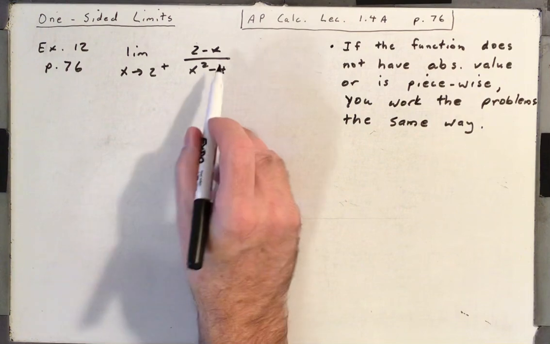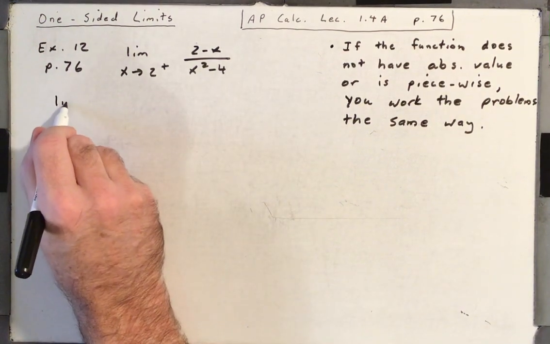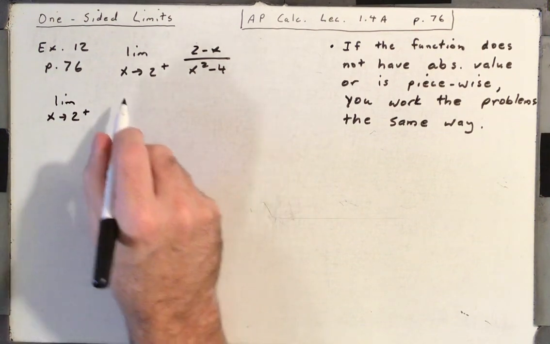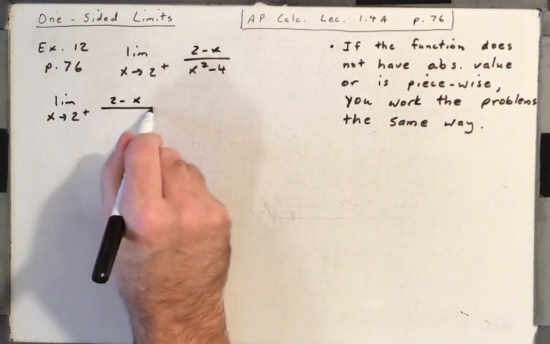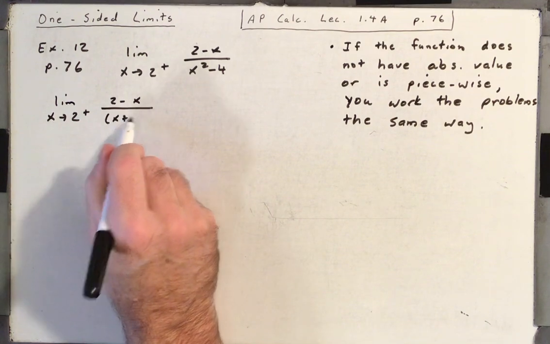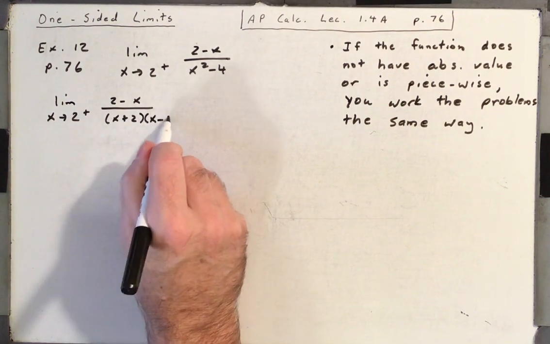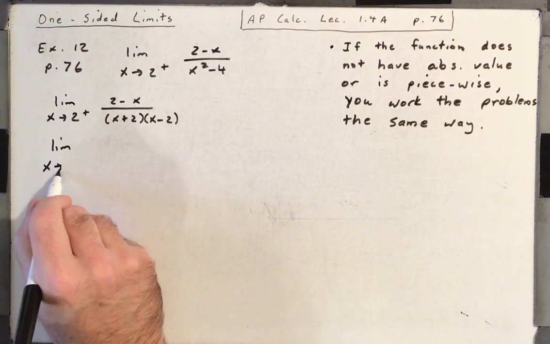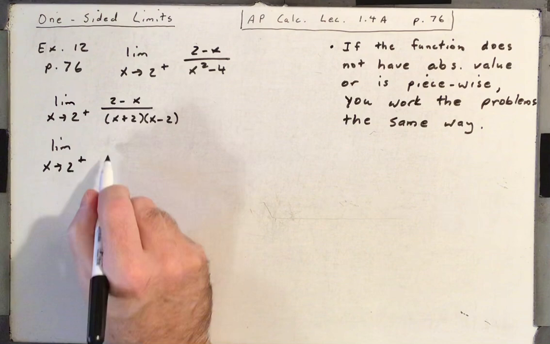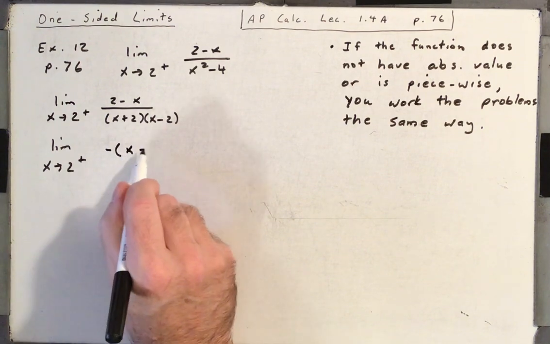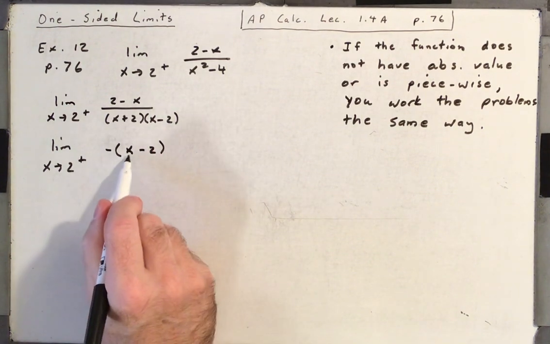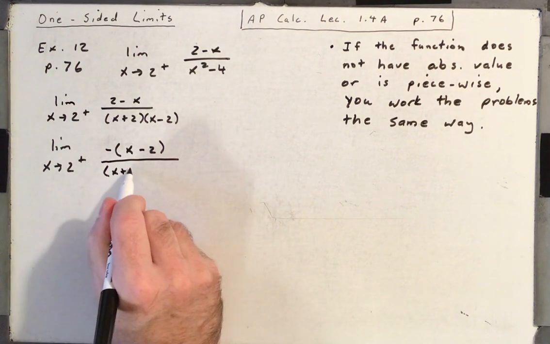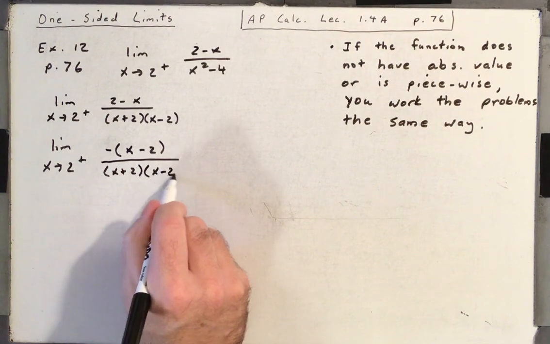Okay? So all we have to do here, we take the limit as x approaches 2 from the right. 2 minus x over x squared minus 4, we could factor that into x plus 2 times x minus 2. And then hopefully you can see that you could factor out a negative 1 and make it x minus 2. That'd be negative x plus 2, which is the same as that, over x plus 2, x minus 2.